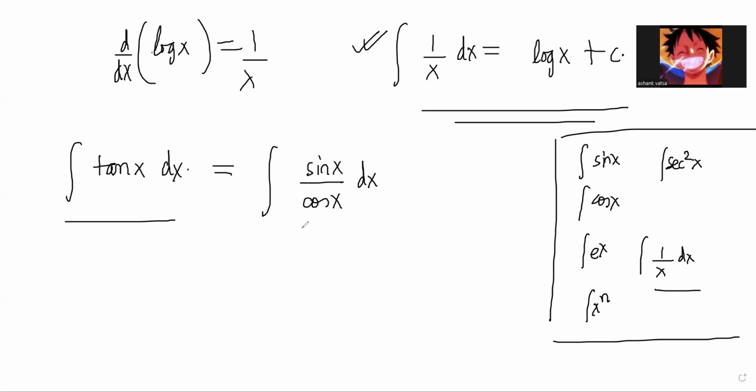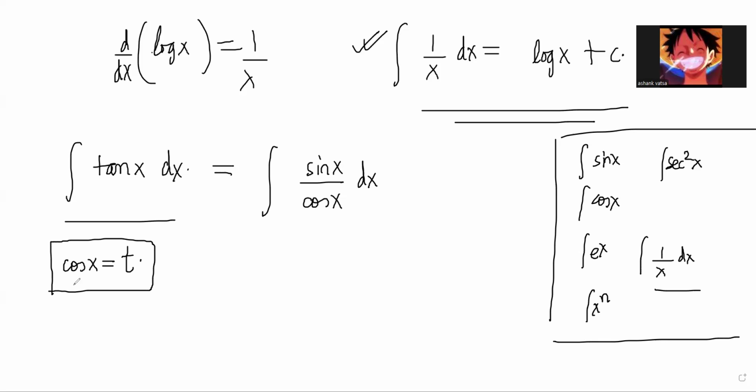So what I will do is I will say, let's take cos x as a variable called t now. If I change the variable, I'm changing cos x and I'm calling it t, right?